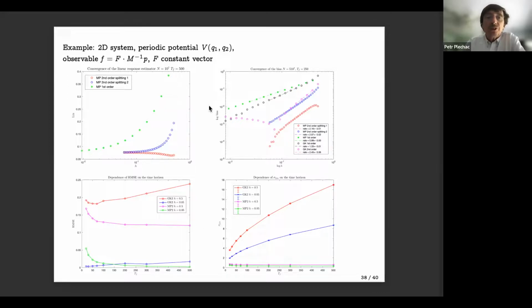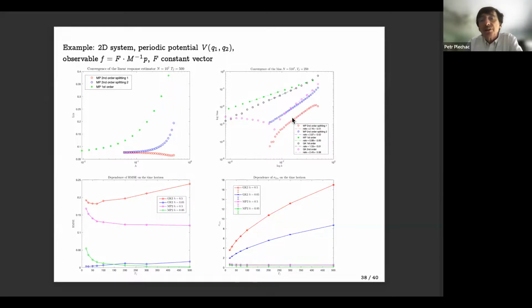So this is a simple small system with a periodic potential, which compares the estimation of mobility or diffusion constant in this simple system, and first it shows that we can recover the correct rate of bias, the convergence rate.